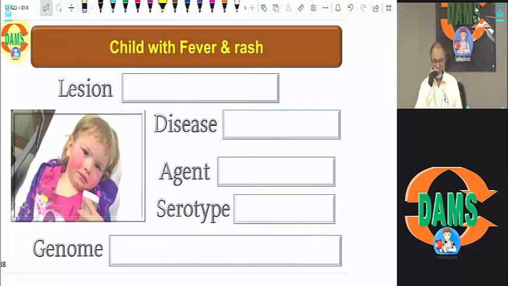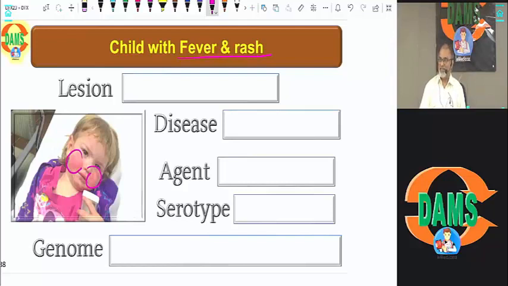Okay, no problem. Child with fever and rash. Okay. Fever with rash. What about the rash? What about the lesion? Slap cheek.